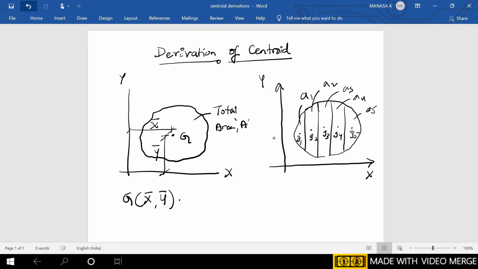So if I am having a centroid like this, definitely this centroid has different coordinates, at a perpendicular distance from the y-axis, which can be referred to as x1.